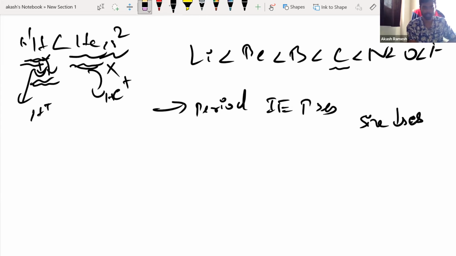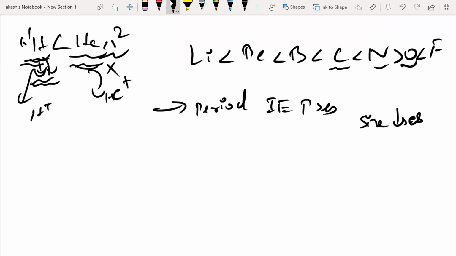But when I go to the next one, oxygen, nitrogen is having more ionization enthalpy than oxygen. Now why is it happening like this? Anybody want to comment? This is a mismatch, right? I expect along the period it should continuously increase, but for nitrogen and oxygen there is a change. Nitrogen is having more ionization energy than oxygen.